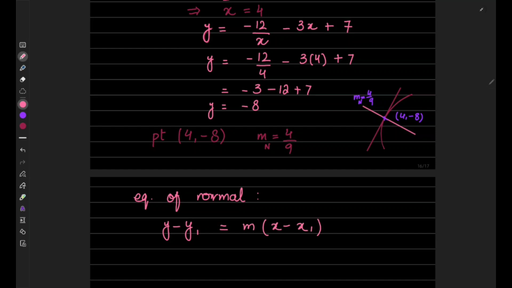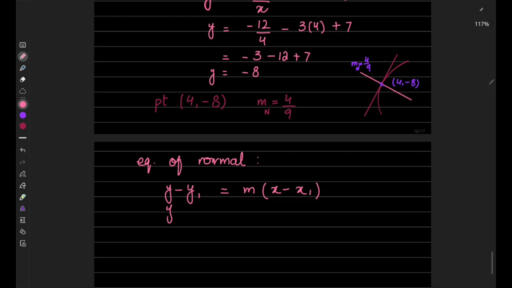So y minus minus 8 is equal to 4 over 9 times x minus 4.